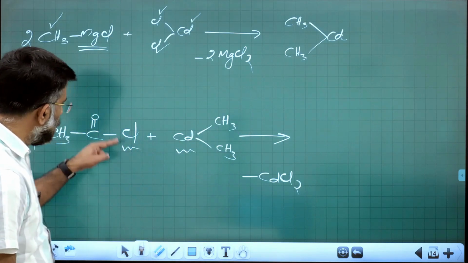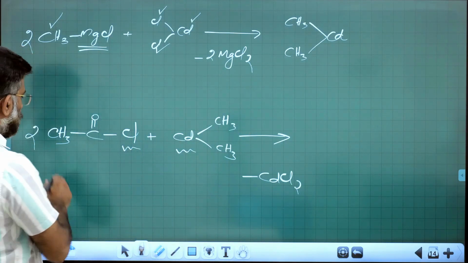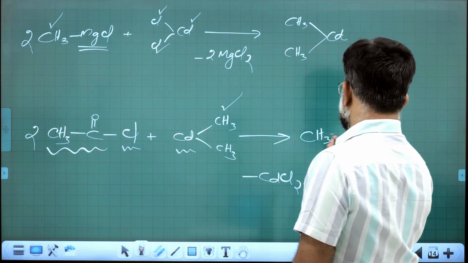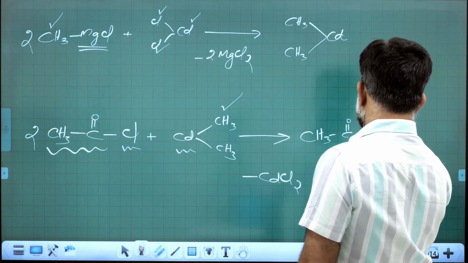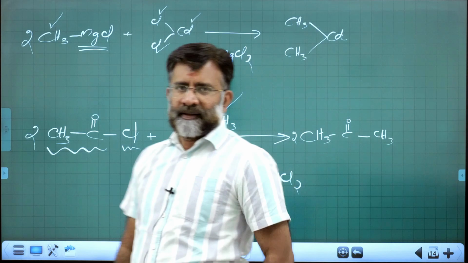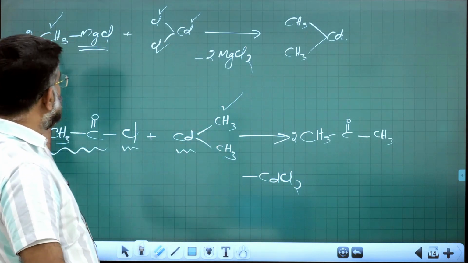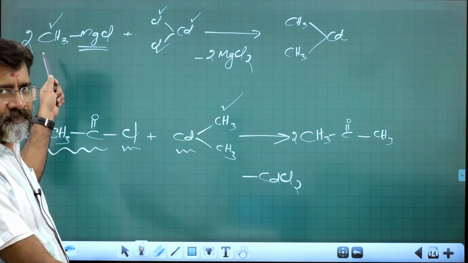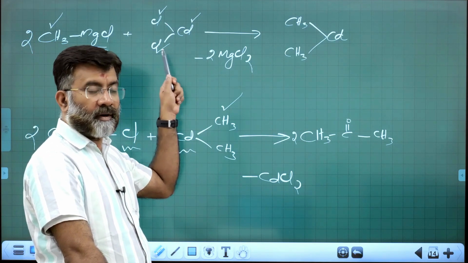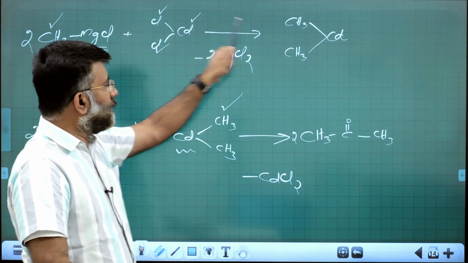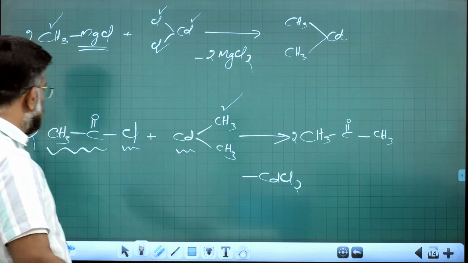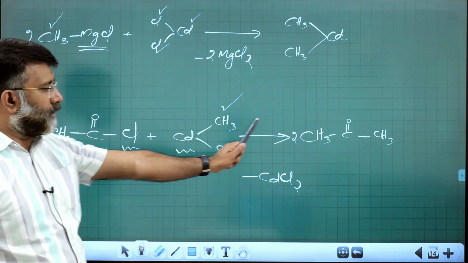And this is interacting with the CH3 group, and you get CH3COR, a ketone. So I'll repeat. A Grignard reagent is selected, treated with cadmium chloride, and you get dialkyl cadmium. That interacts with the acid chloride, and you get a ketone like this.